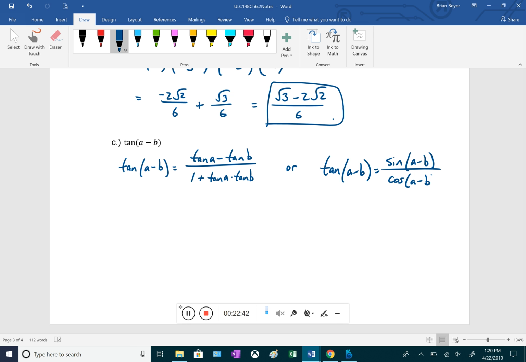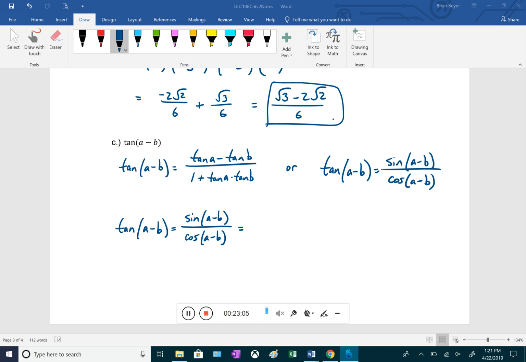So that's just the quotient identity, that tangent is equal to sine over cosine. So we already found both of these. We found sine in the first one, and we found cosine in the second one. So I'm actually going to do it using that second method. They would both get you the same exact answer, but I'm just going to do it this way. It's a little bit easier.